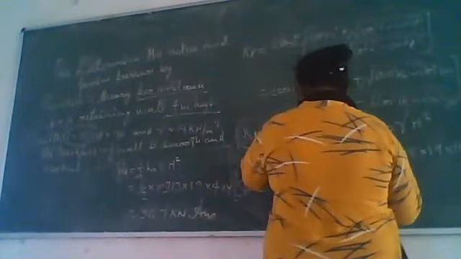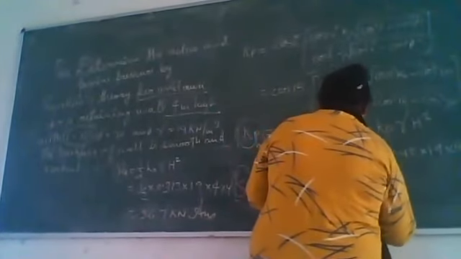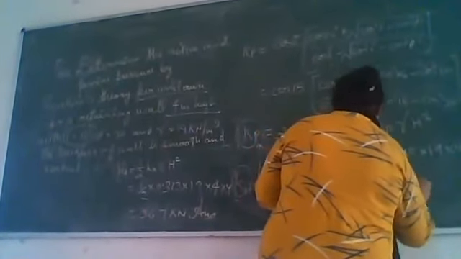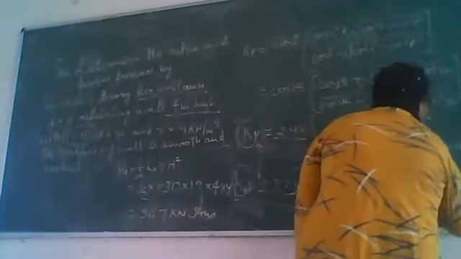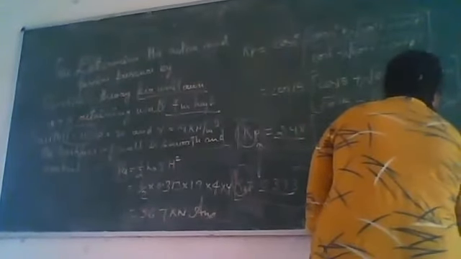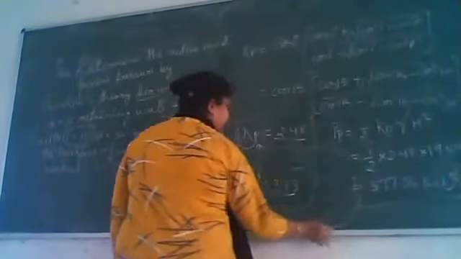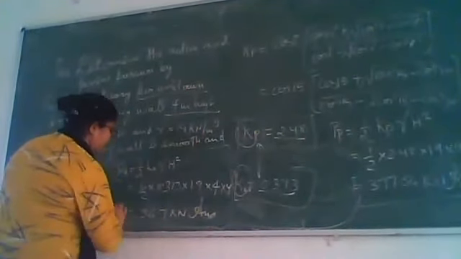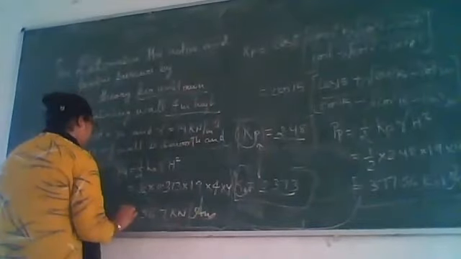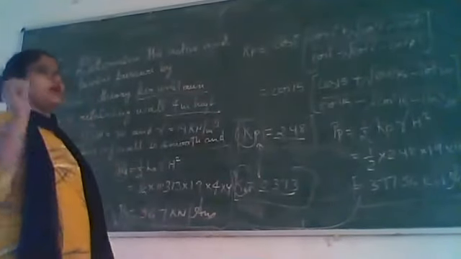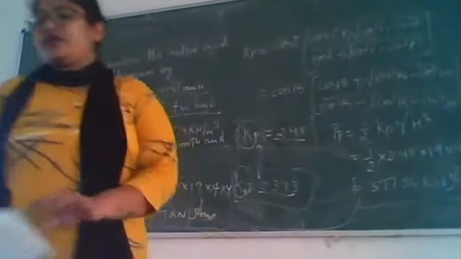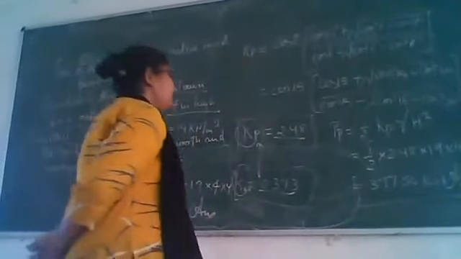Then my value is 377.56 kilonewtons. This is my next answer. So here also we can relate this: my Pa value is always less than my Pp value.